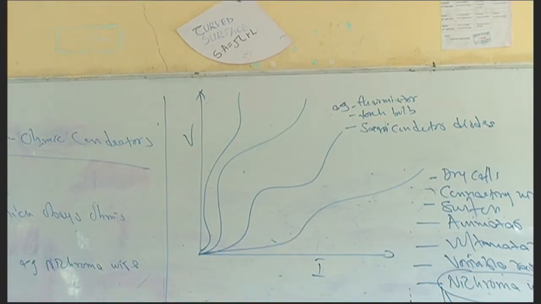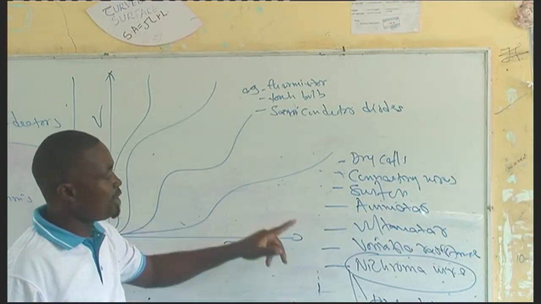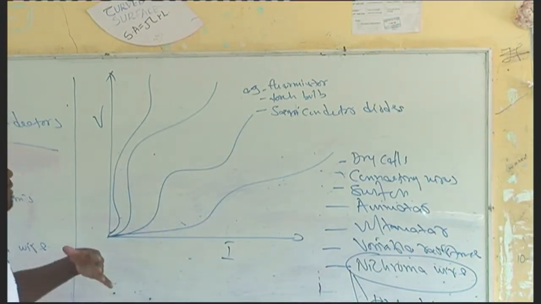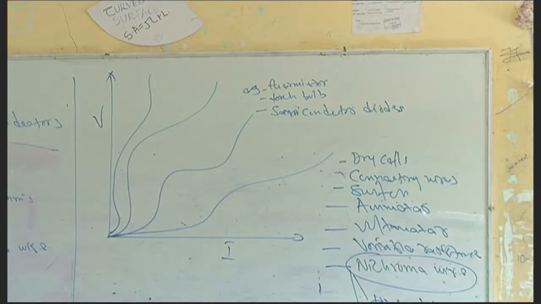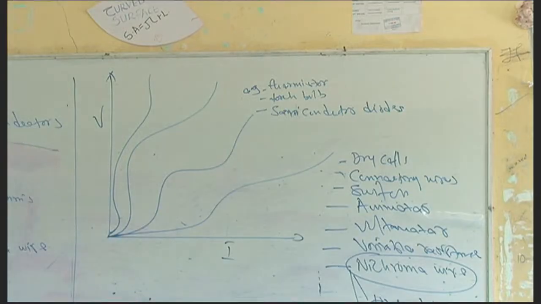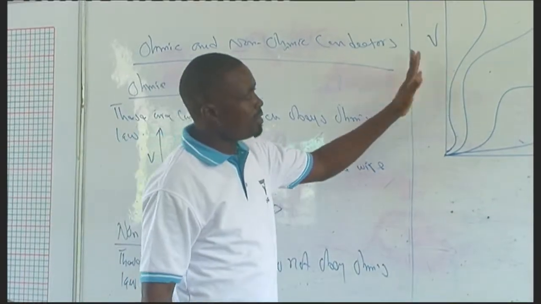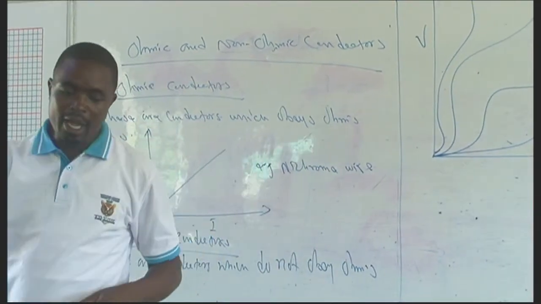So using these conductors in place of nichrome wire, our graph cannot be a straight line. It must be of that particular shape. That is what we expect at that point. So we are saying that a harmonic conductor obeys Ohm's law, so it will be a straight line to the origin. A non-harmonic conductor does not obey Ohm's law, and therefore the graph is somehow a curve.